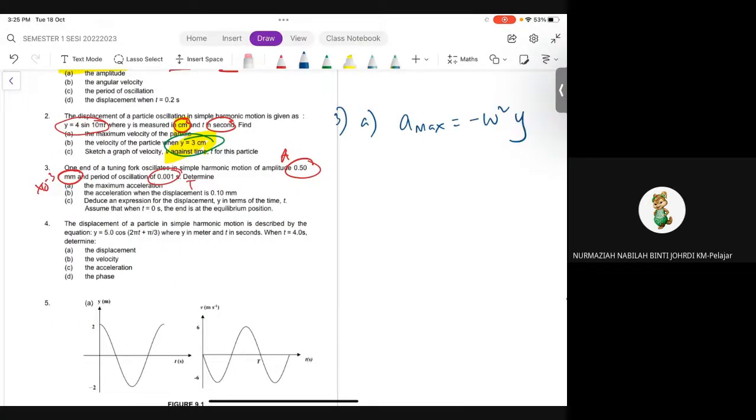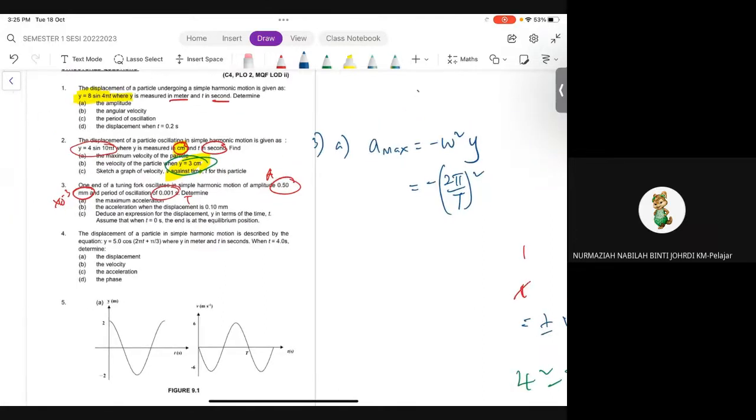So for maximum we must use this one. Omega is 2 pi over T, so this squared. Y is the amplitude, because they ask about maximum. So replace y with the amplitude, 0.5 times 10 to the negative 3.